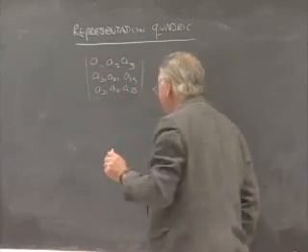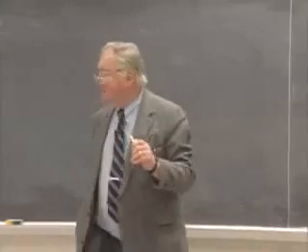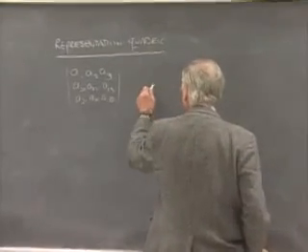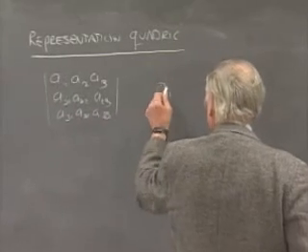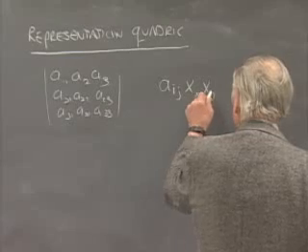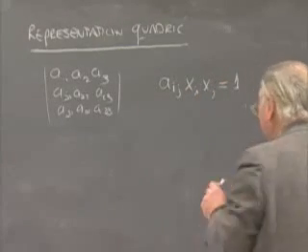And we'd use those elements as coefficients in a quadratic equation of the form Aij Xi Xj equals 1.